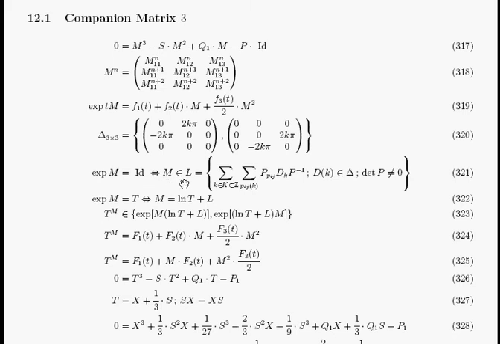So all the logarithms of the identity are a sum over a subset of Z of PDP minus 1, where our diagonals are deltas and our P's have determinant different from 0.